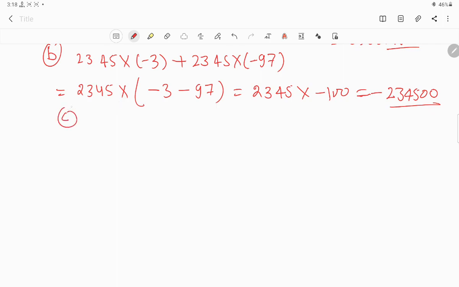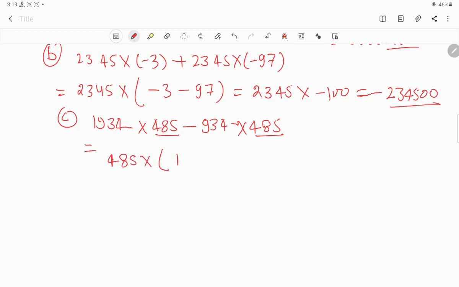And C: 1934 into 485 minus 934 into 485. Here take 485 common, and what is left is 1934 minus 934.